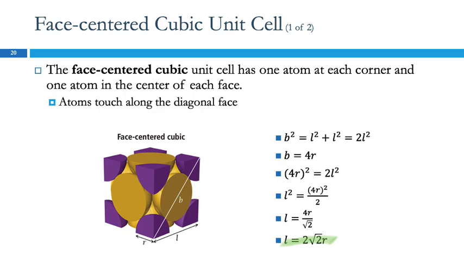And I just want to point out that this is not 2 times the square root of 2 times pi. That's not what it is. The r is not in there, right? It's 2 times the square root of 2 times r.